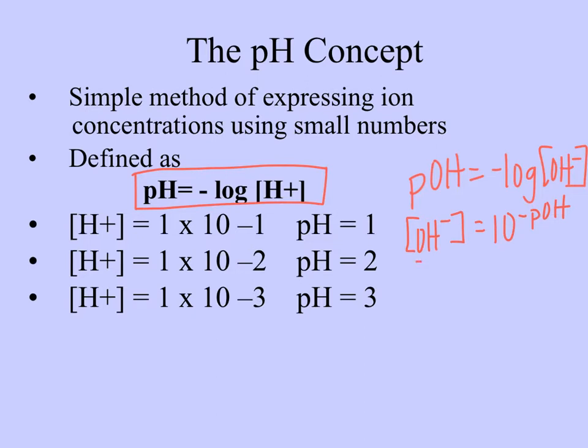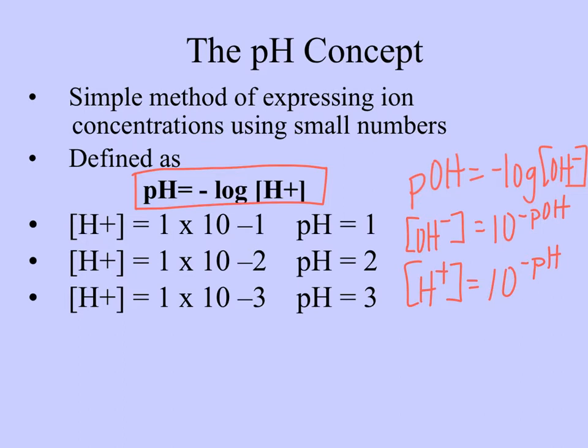And if you wanted to find the H+, then it would be 10 to the negative pH. I will help you with your calculators using your log key and your inverse log key to do these problems, and we'll have more practice doing this.